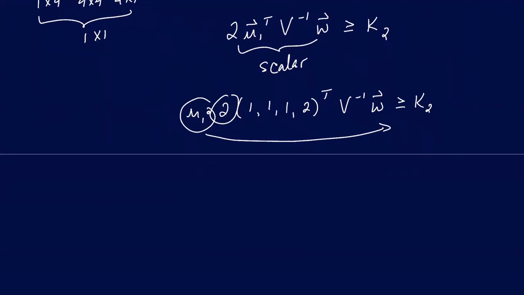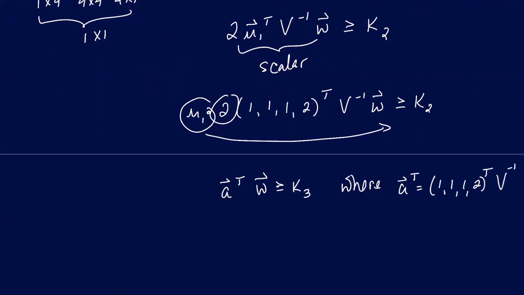So, yeah, we were given that this mu1 was greater than 0. So when we move it, the inequality is not going to flip. So we have some A transpose W greater than or equal to some K3, where A transpose is equal to this 1, 1, 1, 2 transpose times V inverse.